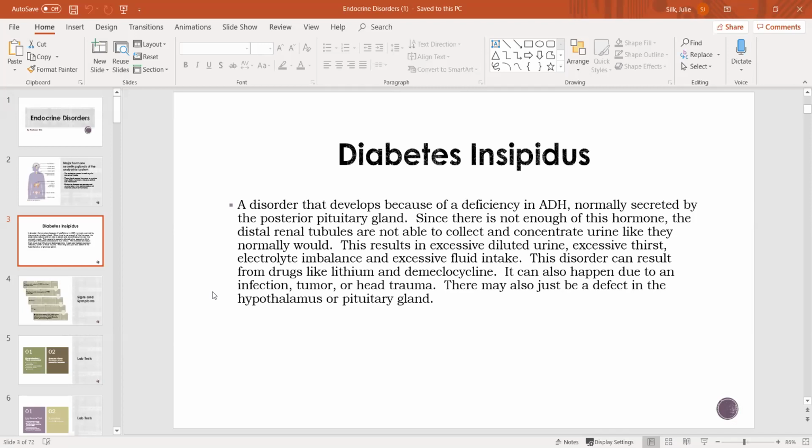And the dipsogenic is a defect in the thirst mechanism located in the hypothalamus, so like you just don't know to drink enough. And then the gestational, again, is because of that hormone produced by the placenta, that vasopressinase, that breaks down ADH. So those are the causes of why you would have each one of those types.